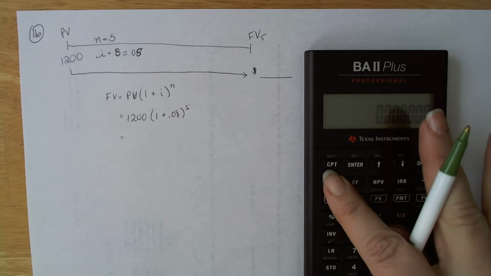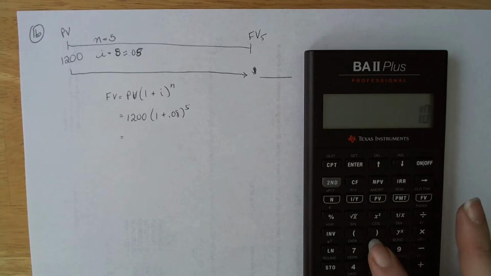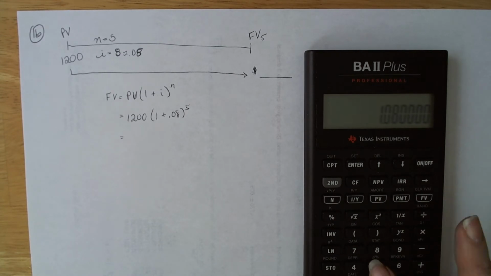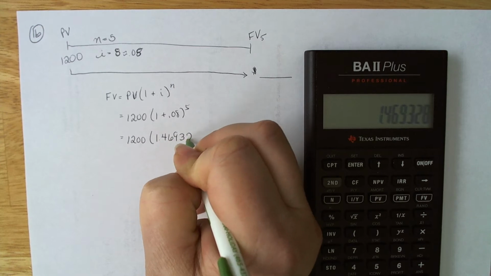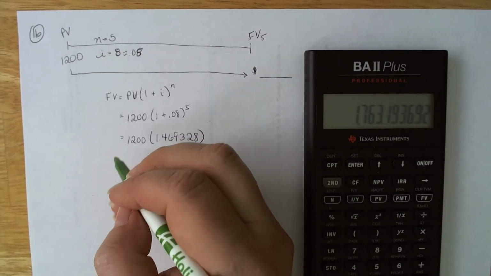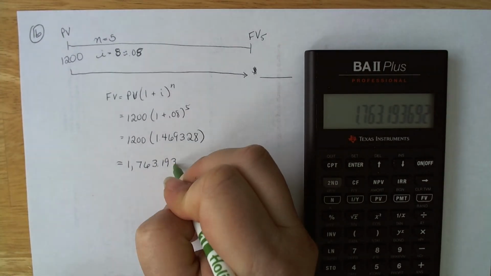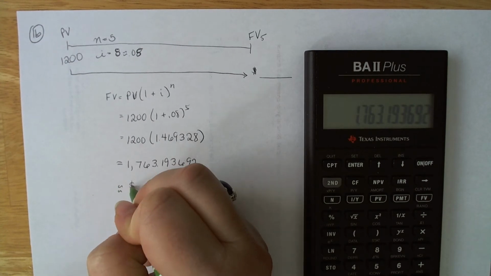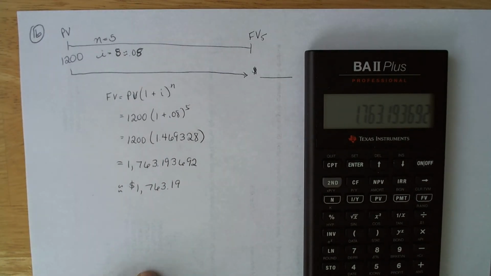And when we do this the long way, we say 1.08, y to the x, 5, which is 1.469328, times 1,200. That gives us $1,763.19.